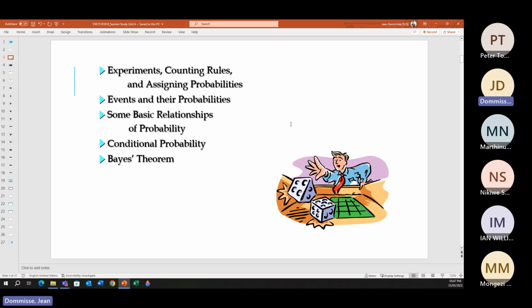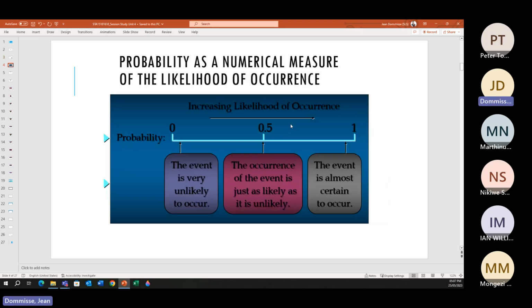It is looking at events and what the possibility is for something in that event to happen.